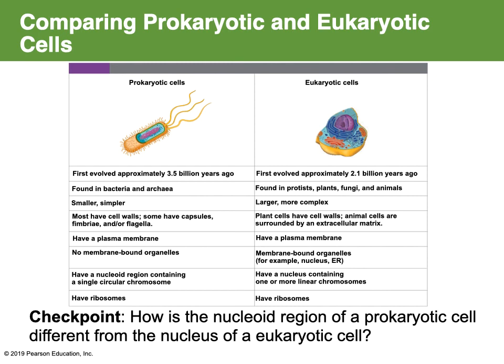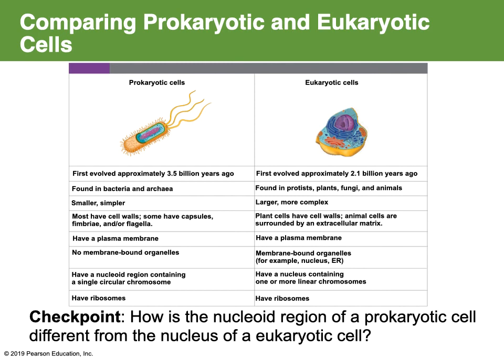Now, prokaryotic cells are found in bacteria and archaeans. Eukaryotic cells are found in protists, plants, fungi, and animals. Prokaryotic cells are much smaller, much simpler inside. When you get to eukaryotic cells, they're going to be larger and more complex. You're going to see all sorts of structures inside.